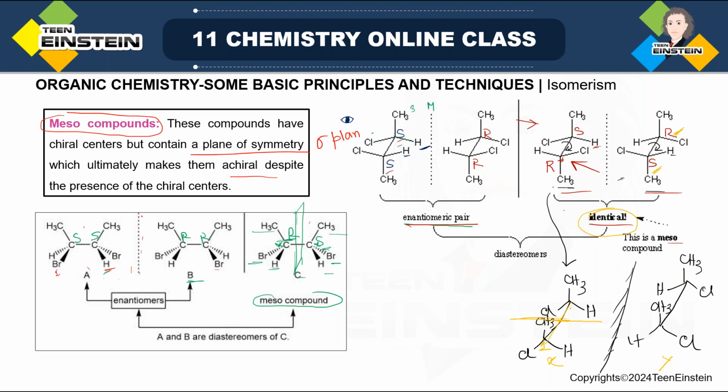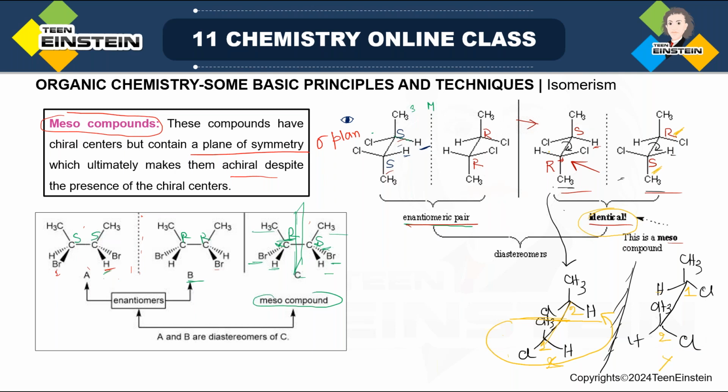Suppose this is carbon number 1, this is carbon number 2. If you rotate the molecule in this direction, now carbon 1 will be at the back and carbon 2 will come here. And these two hydrogens will be on the left-hand side. So that is why I'm saying you can now understand X and Y are actually the same molecule. So be very careful with meso compounds, because at first glance they seem as if they are chiral, but you just have to find the plane of symmetry.